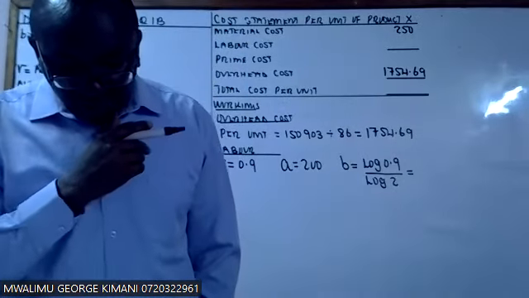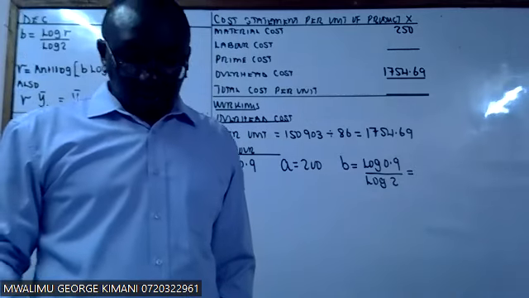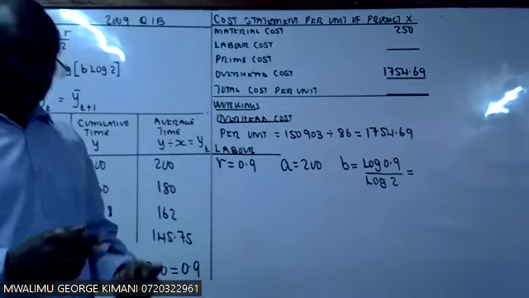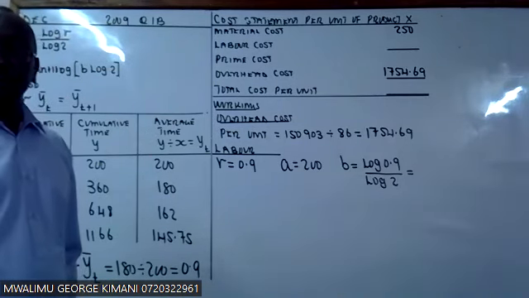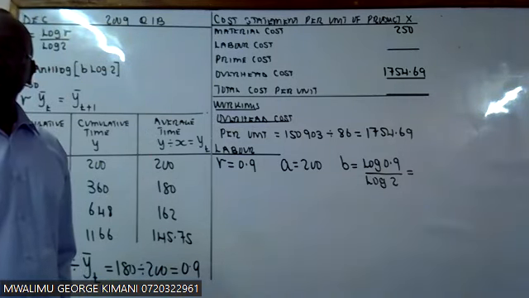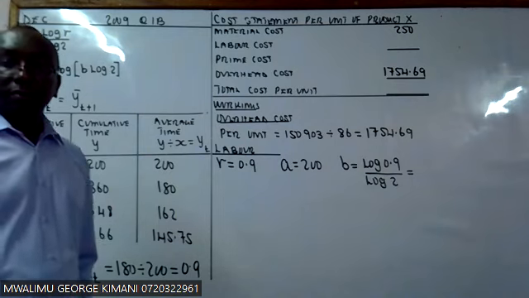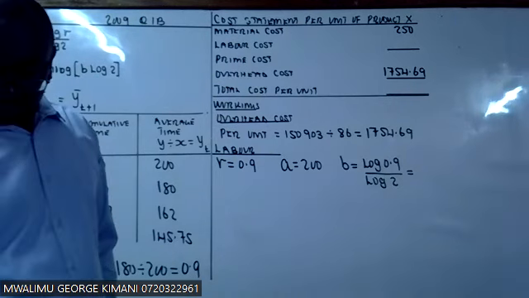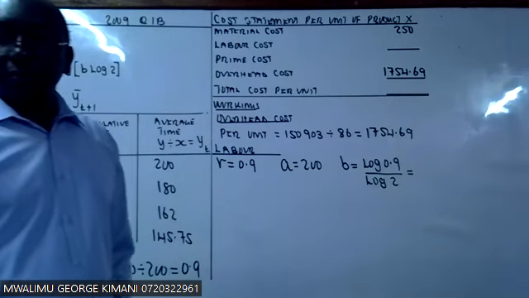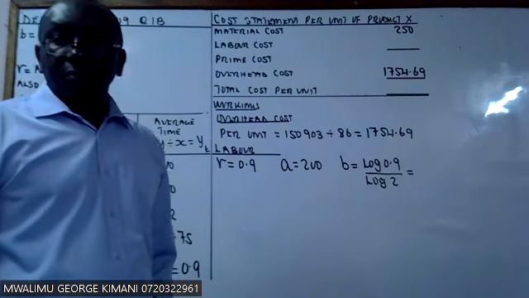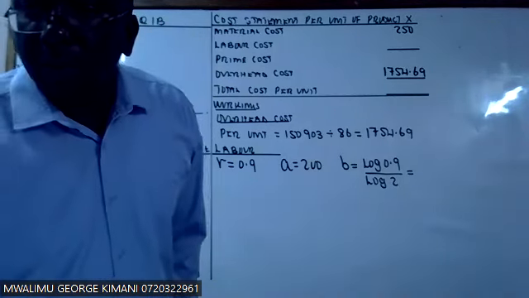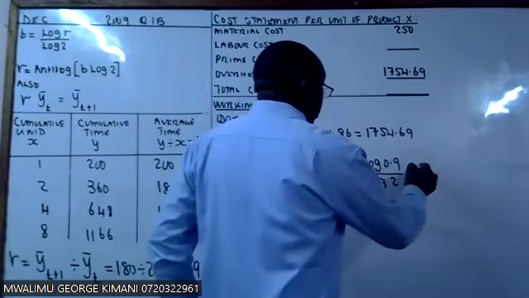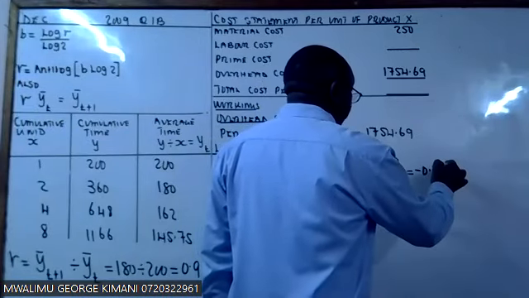Give me the answer to 3 decimals. Minus 0.152.